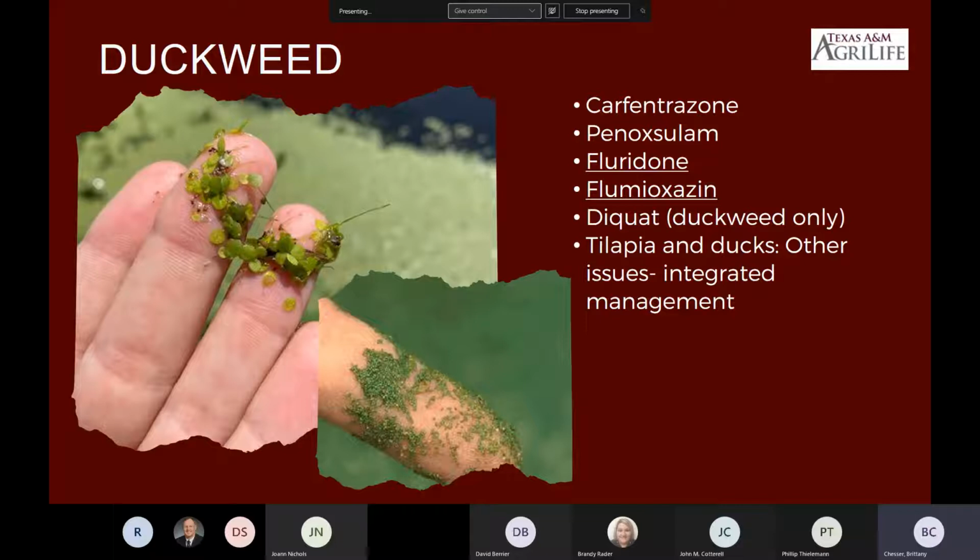Some people will say that they just have about 30 ducks that come through on their pond and they take care of the duckweed, and that's fine, but that's not necessarily a sustainable type of management. And then of course, if you have a lot of ducks hanging around your pond, you might also have some other issues in terms of nutrient management.